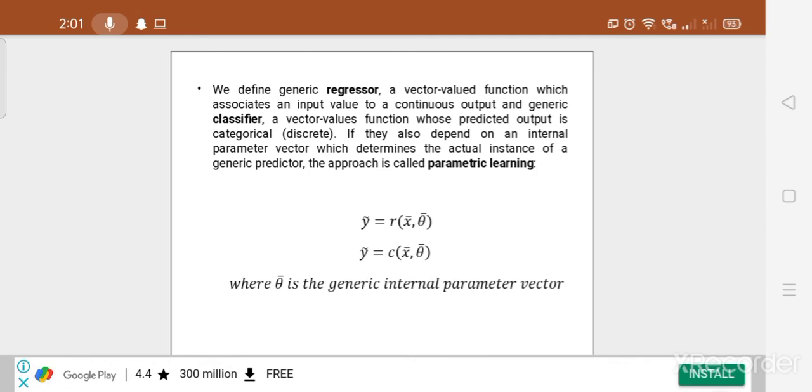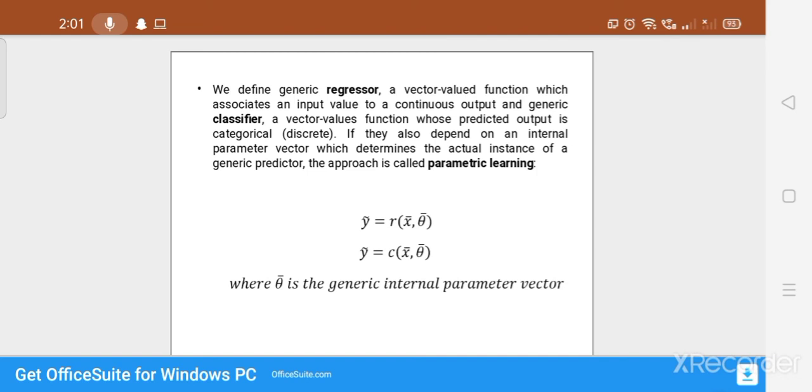We define a generic regressor, a vector valued function which associates an input value to a continuous output, and a generic classifier, a vector valued function whose predicted output is categorical, if they also depend on the internal parameter vector which determines the actual instance of the generic predictor. The approach is called parametric learning. We are defining here the generic regressor.